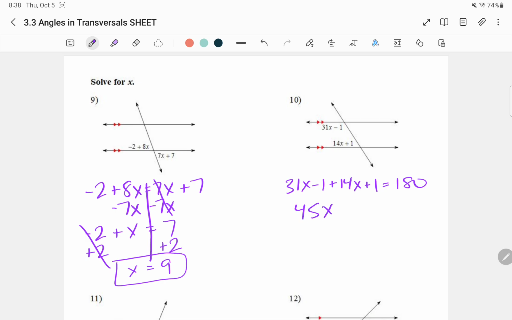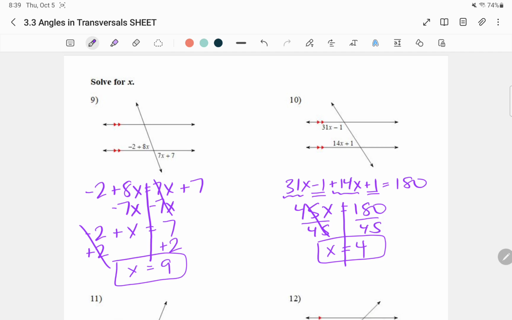And -1 plus 1 is 0, so those just cancel out. So that equals 180. Now I'm going to draw my line and divide by 45. The opposite of times 45 is divide by 45, and that should give me 4.